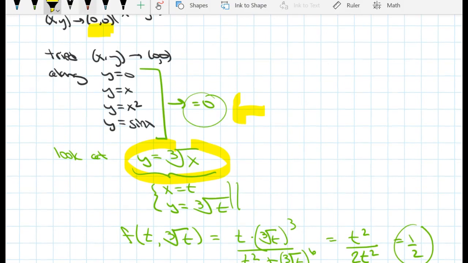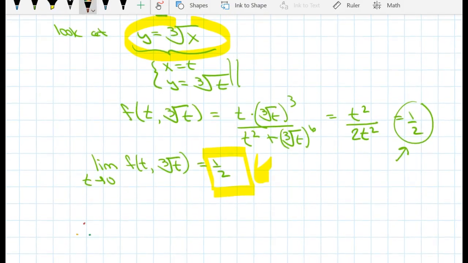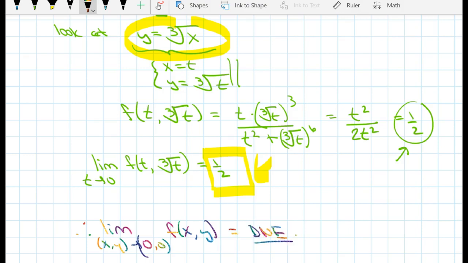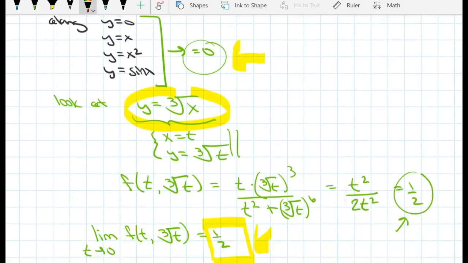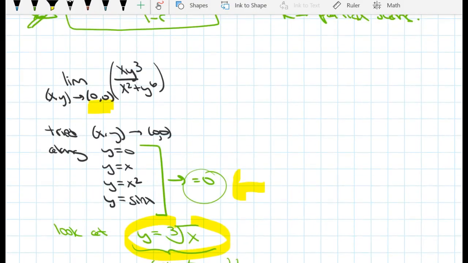And so the conclusion is that the limit as x, y approaches 0, 0 of f of x, y does not exist. I just abbreviated f of x, y. You know what I am referring to.